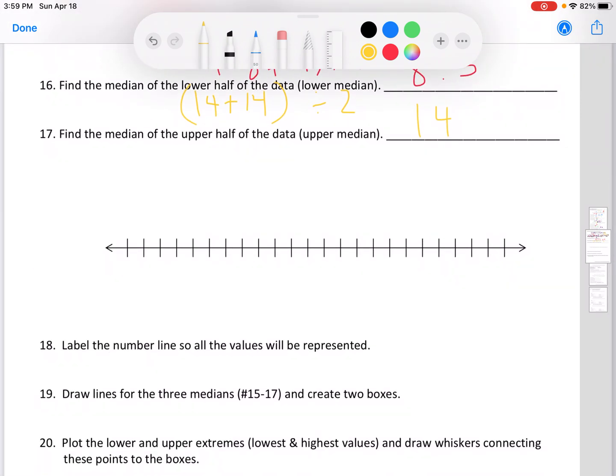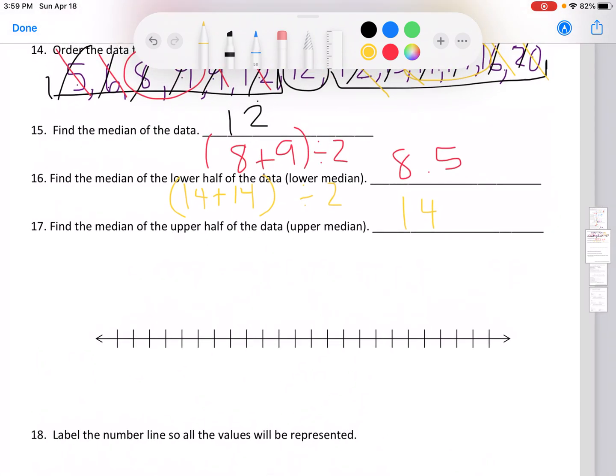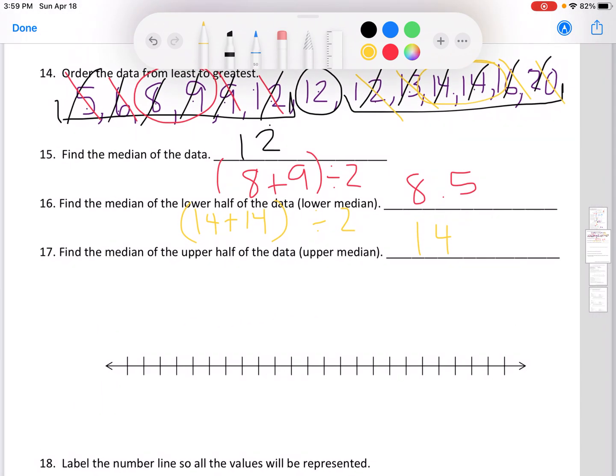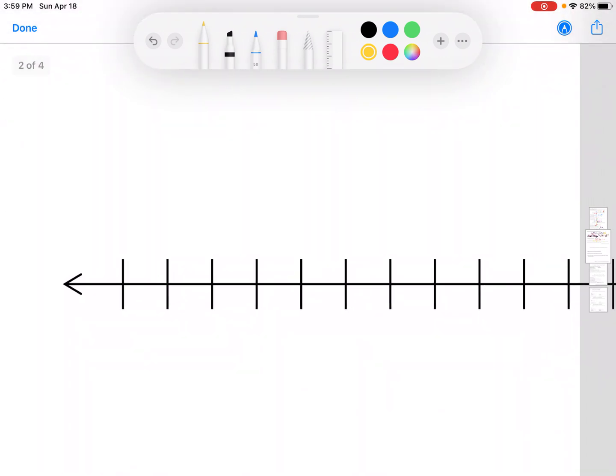All right, then they want us to plot our numbers. So the first thing you have to do is number your number line. I'm going to start at 4 just because the lower extreme is 5.